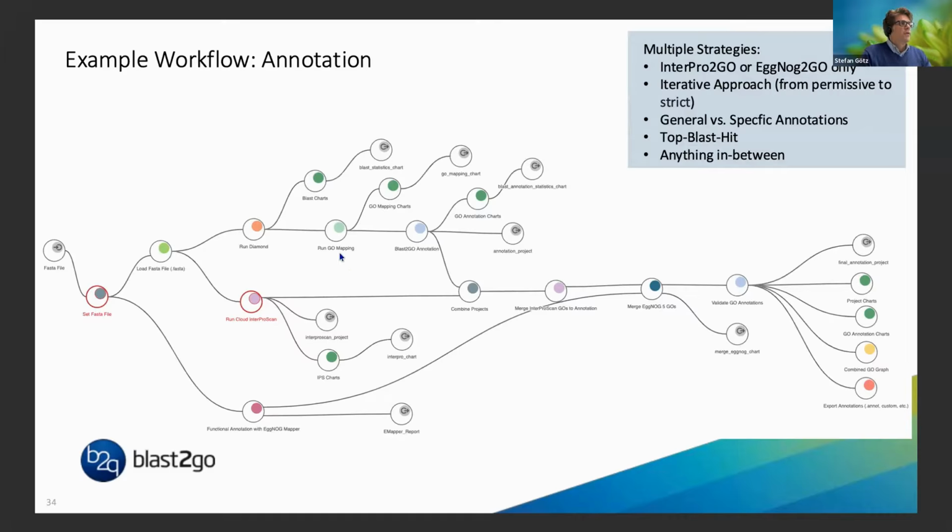So for the functional annotation workflow, this is like this kind of scheme, which is like the default one, which we recommend, which is basically you take your FASTA files, you run all the different algorithms, and then you do the mapping, and then you merge things back into one project until you have your validated gene ontology annotations here.